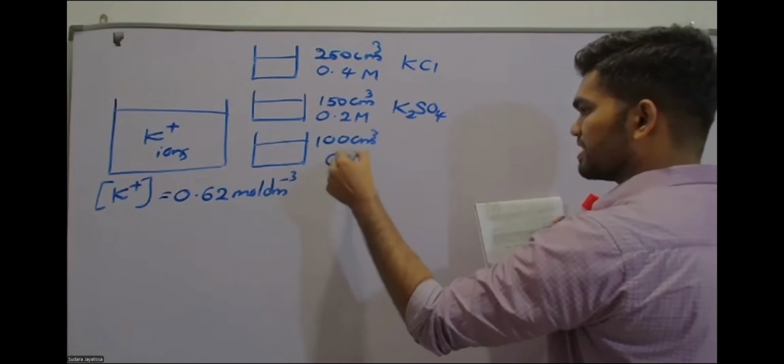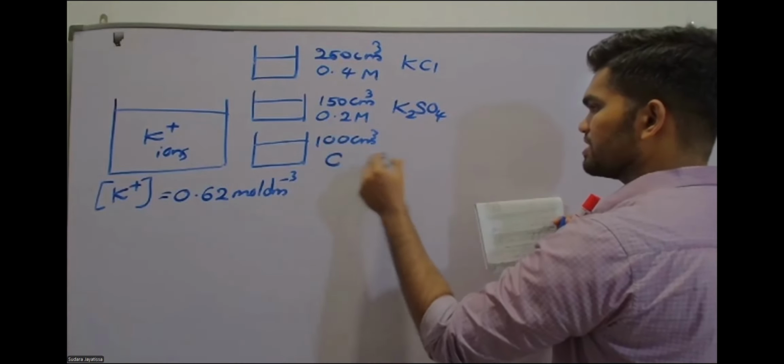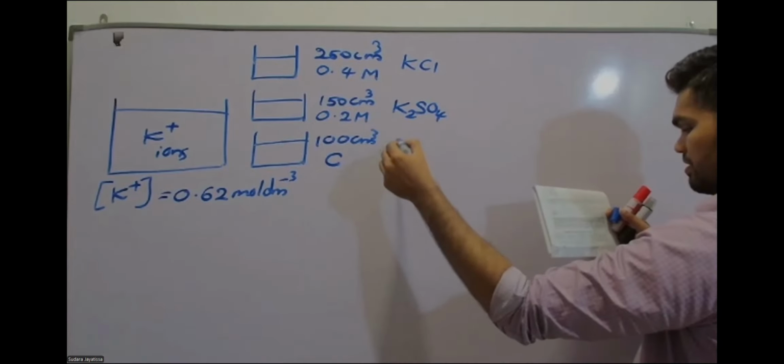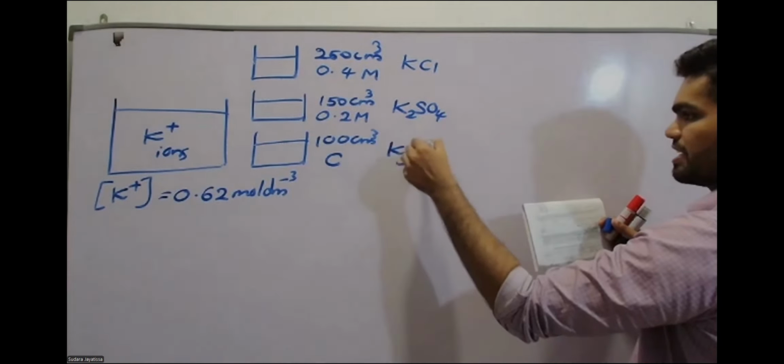We don't know the concentration. Let's say C mole per decimeter cube, K3PO4 is added.